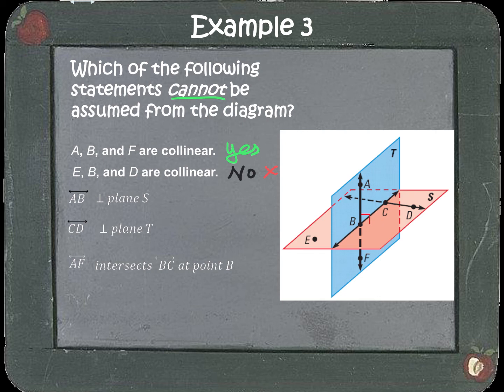The next one, line AB is perpendicular. Remember that upside down T is the perpendicular symbol to plane S. Well, AB is right here, and yes, it is perpendicular. It's got the right angle here, so this one is yes.